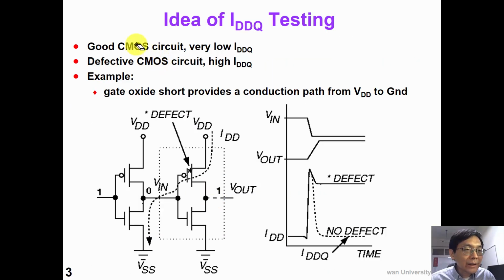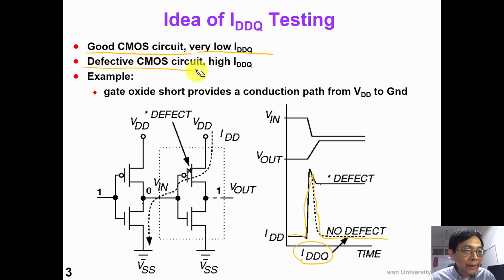The idea of IDDQ testing is actually very simple. For a good CMOS circuit, ideally, the IDDQ should be very low, as is shown in this figure. When we apply a test pattern, there could be some transient current, but if we wait for a while, the IDDQ current should be very low.